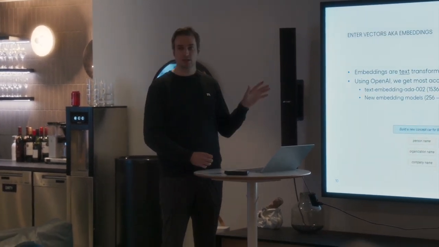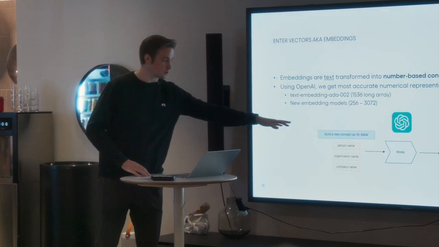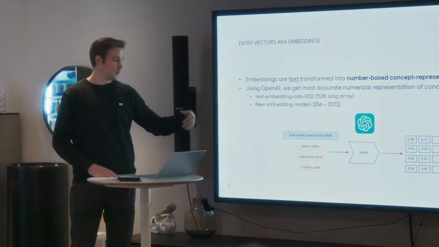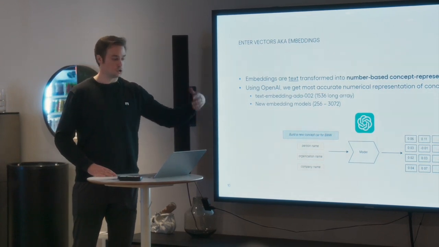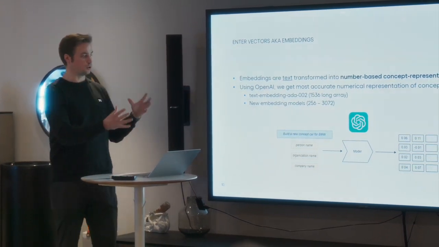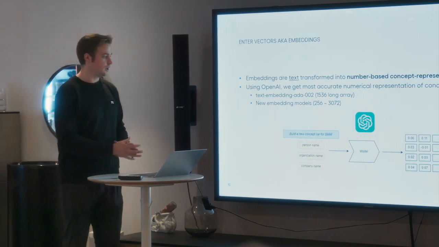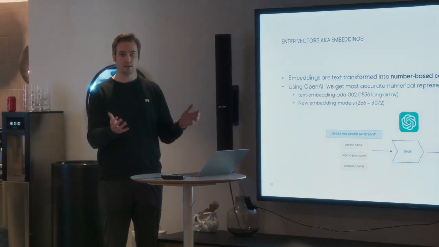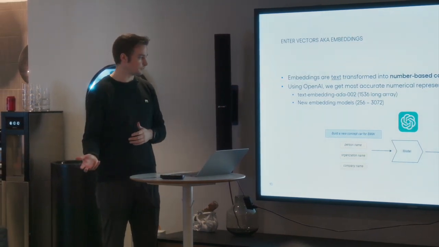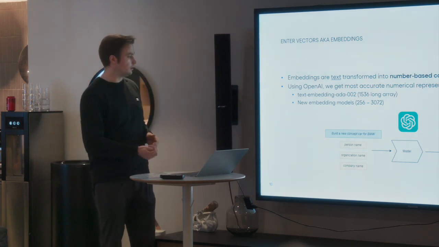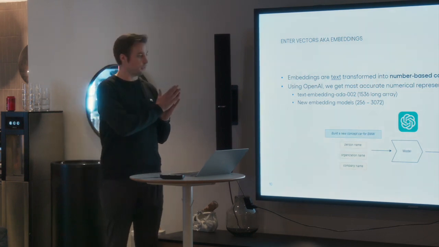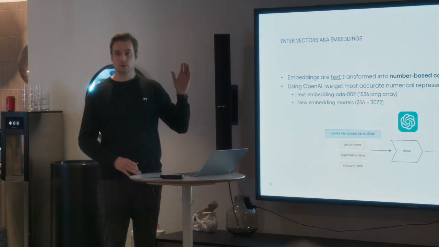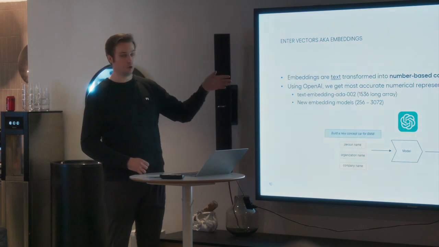So what embeddings are: text, like a sentence, or we might have a person table, organization table, or whatnot, and then a column called name. So we combine those to have this. This is a bit simplified example. So we combine those so we have a sentence pretty much describing an entity and then add its attribute. And we take that through the ML AI model, which transforms it into an array of numbers.